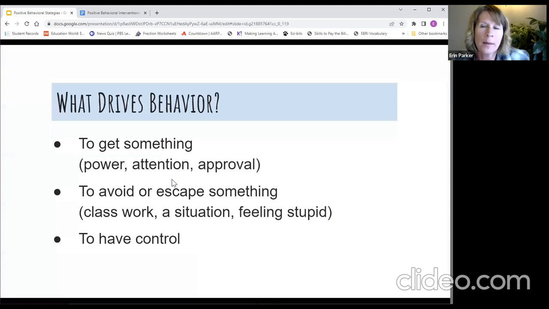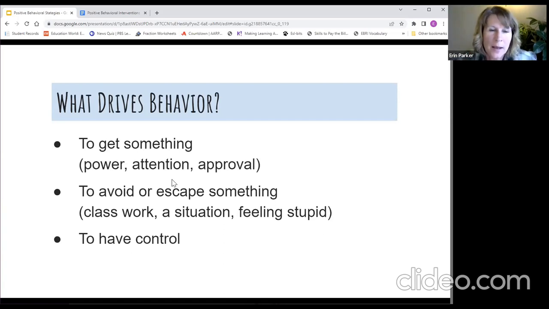Okay. So I'm going to pull out a few things that are important from that handout or resource and the research that's out there. What drives behavior, right? We know that usually when someone is showing an undesirable behavior, they have reasons for that.